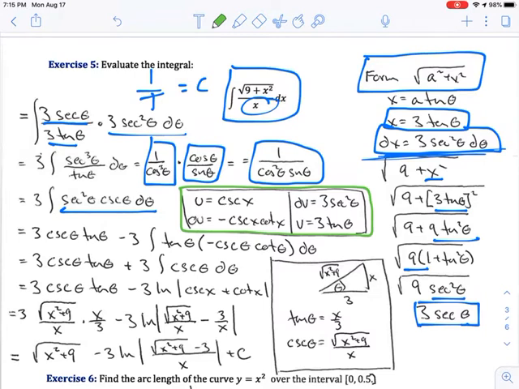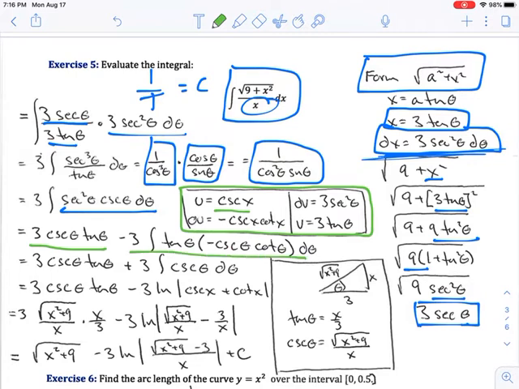The antiderivative of secant squared is tangent. So I've got all my parts, putting them together in parts. My u times v is cosecant x times 3 tangent x minus the integral of v du. And we end up with this.